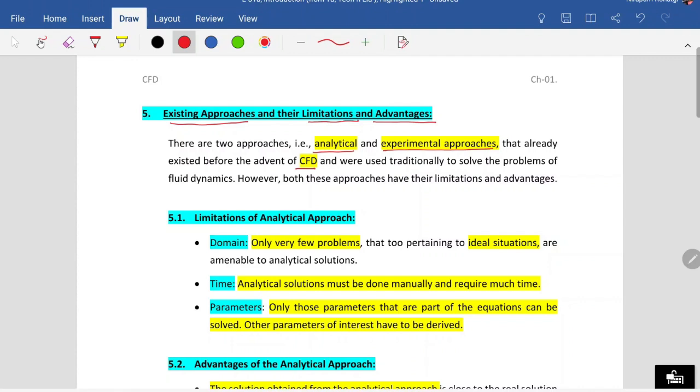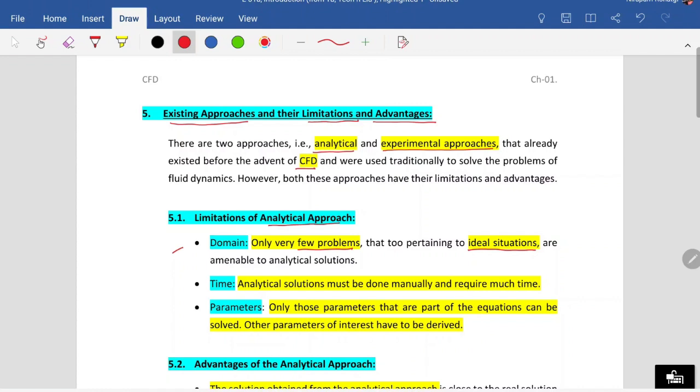Okay. Now, what are the limitations of analytical approach, and what is analytical approach? Analytical approach is that you are using differential equations and solving them mathematically. Now, what is the limitation is, first is limitation on the domain. That means very few problems pertaining to ideal situations can be solved.